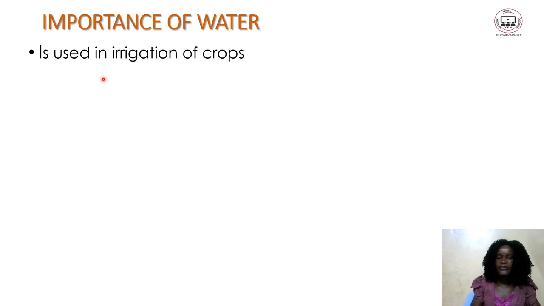As we are aware, crops need water in order to grow well. Water is also a necessity for crops to make their own food. Water is one of the raw materials in the photosynthesis process. So we're saying that water is important just because it is used in irrigating crops.